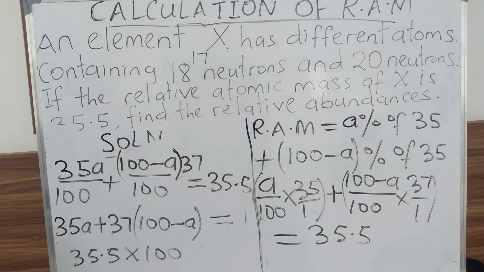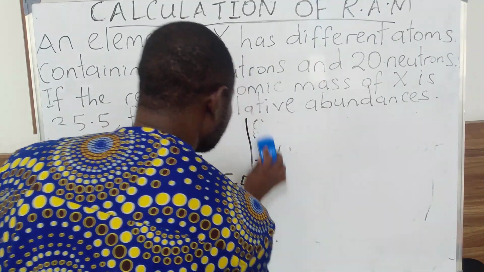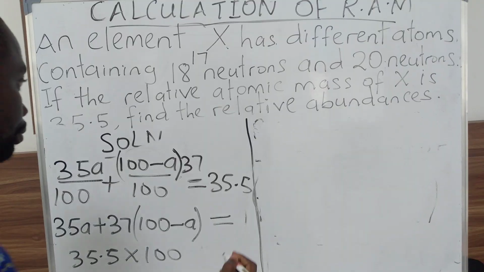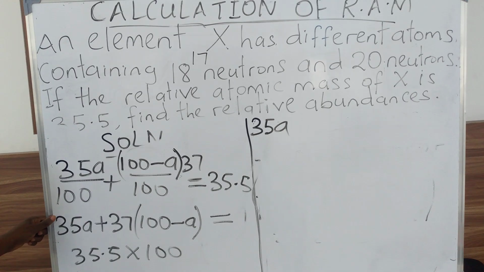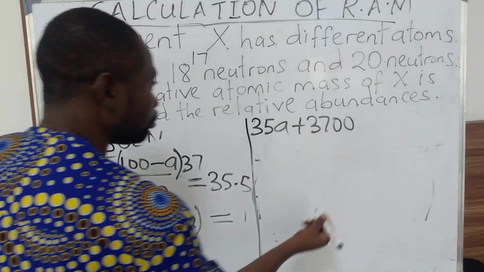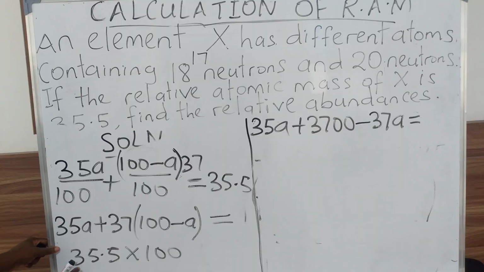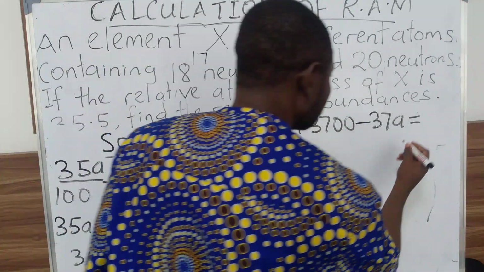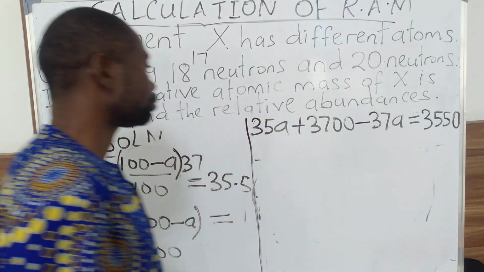If we open the brackets, I'm going to have 35A plus 3,700 minus 37A is equal to 3,550.